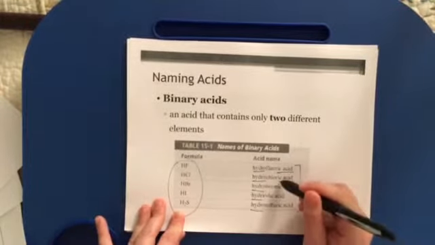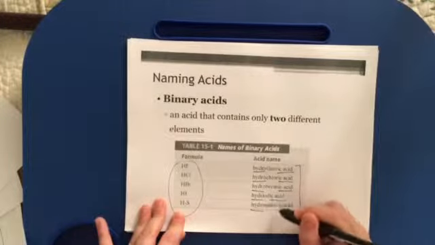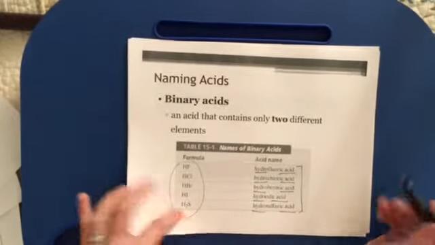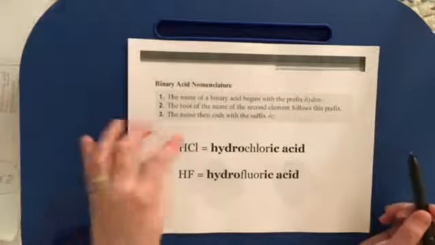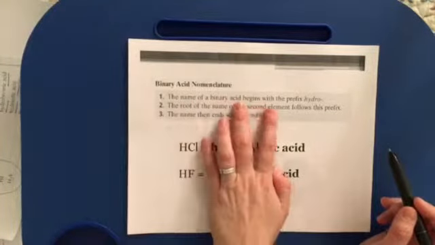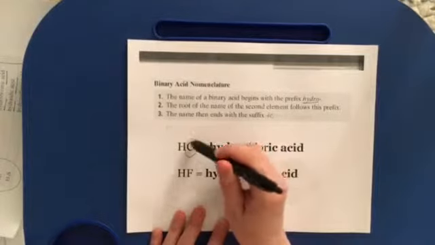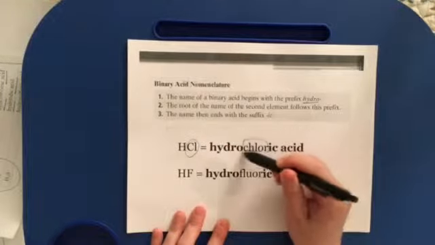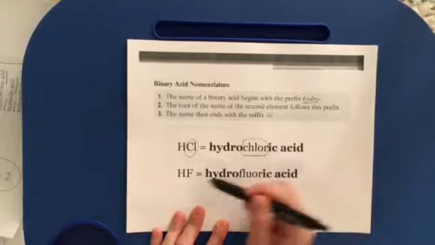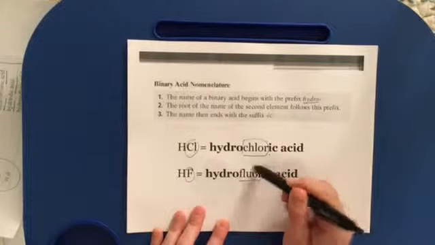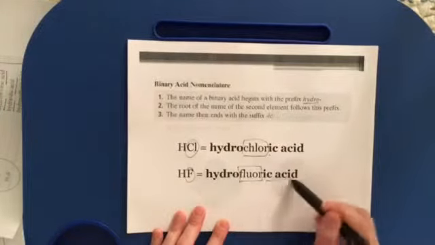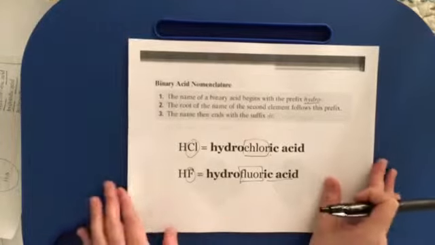You basically start with hydro, end with ic, and acid. So the name of the binary acid begins with hydro. Then you put the root of whatever this is in there. So if it's chlorine, it's chlor, fluorine, fluor. And then you end it with ic, acid.